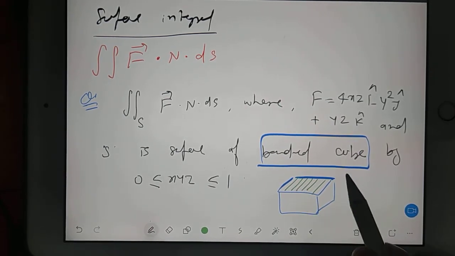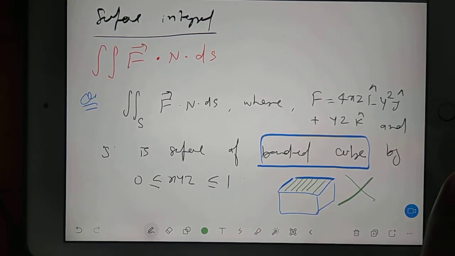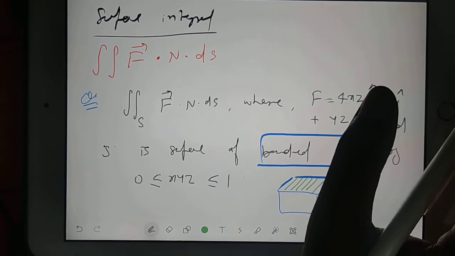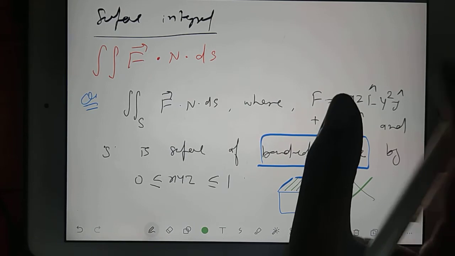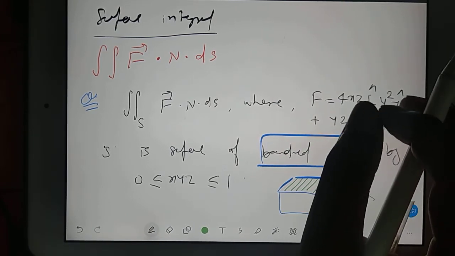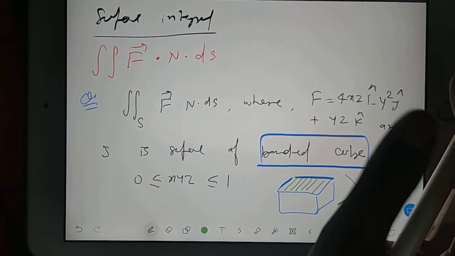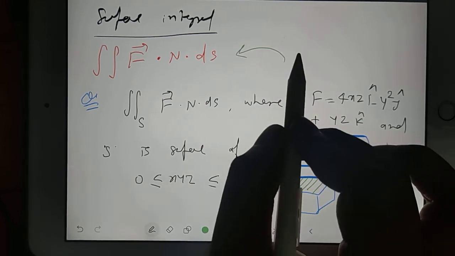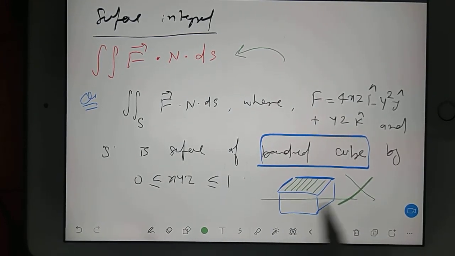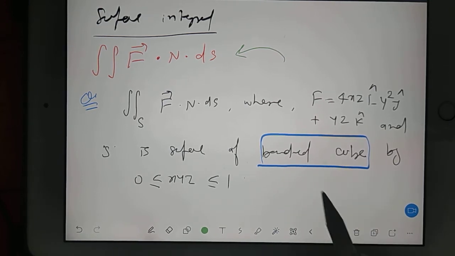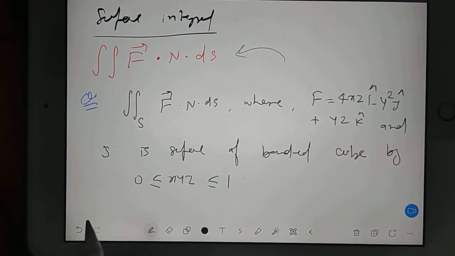So just to avoid solving this question by the conventional method, we go for a very strong, very good theorem, that is known as the Gauss divergence theorem. Whenever surface integral questions are coming, you don't solve in this way, which is our regular university way. You should apply the Gauss divergence theorem. So you just make one small note, so it will be comfortable for you.